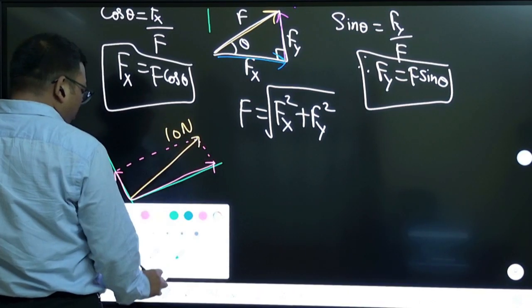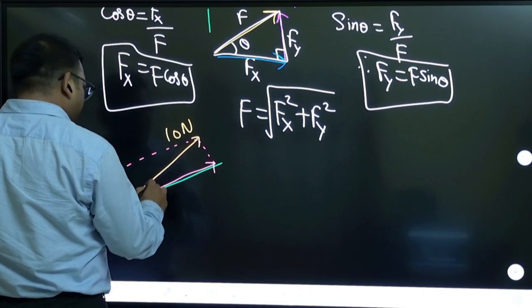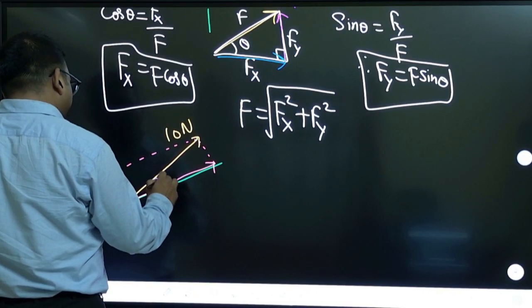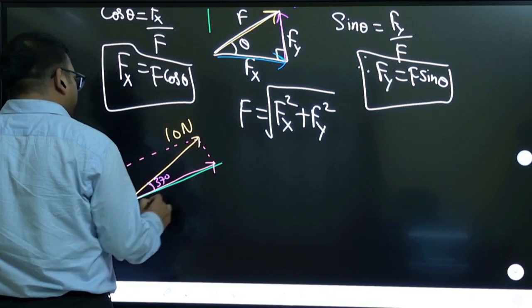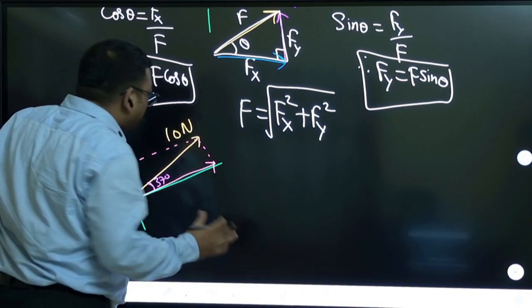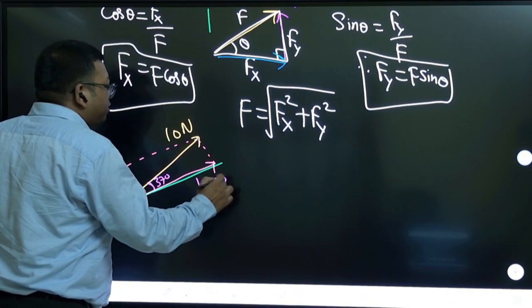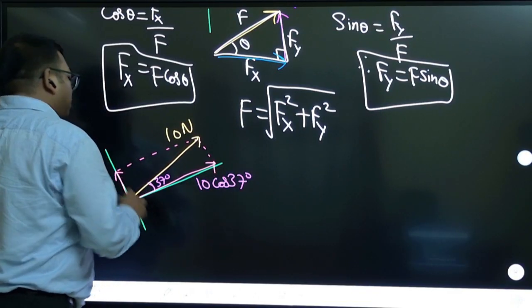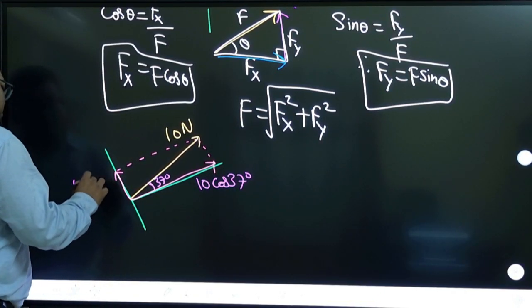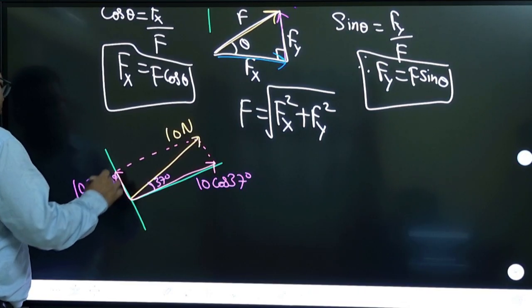Note that they have given that this angle is, let us say, 37 degrees. So what will be this component? This component, you will directly say this side it is making theta. This will be 10 cos 37 degrees, and this is 10 sine 37 degrees.